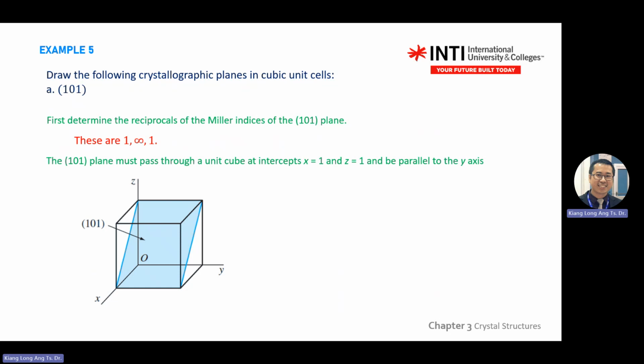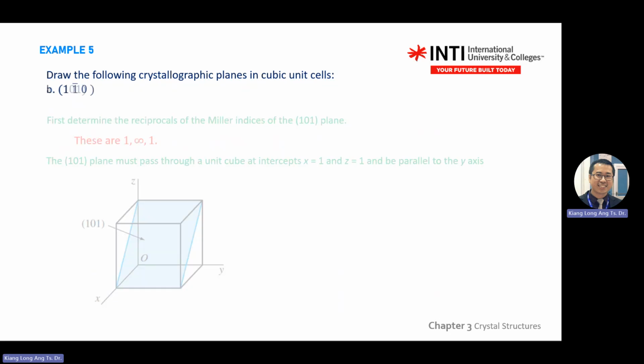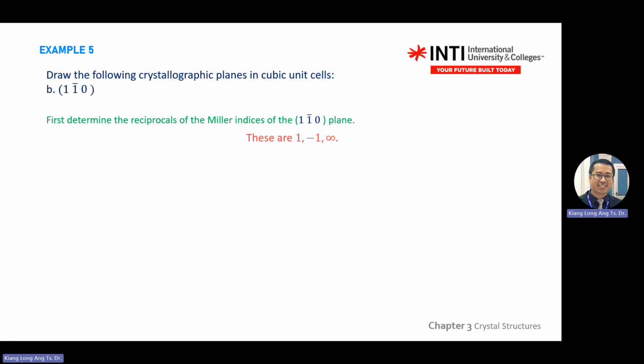You inverse the numbers to find the location. For example, 101, you get 1 infinity 1. So you draw the plane by 1. Y is infinity, so you expand the Y, and then you need to move Z 1 step. Okay, so it's presented like this.